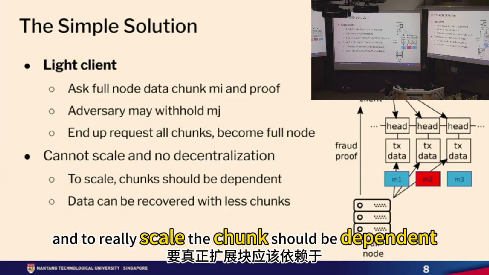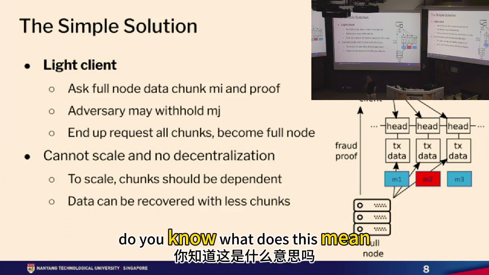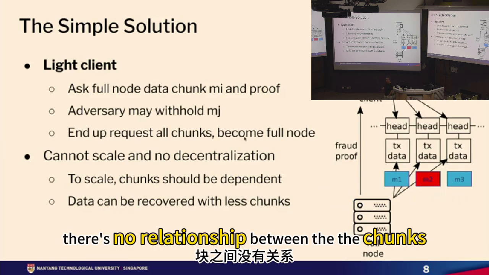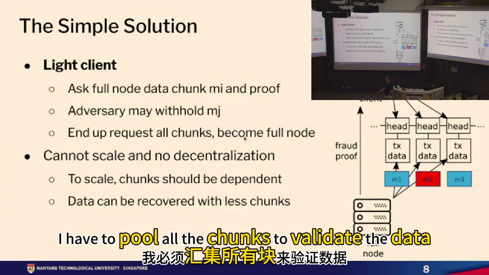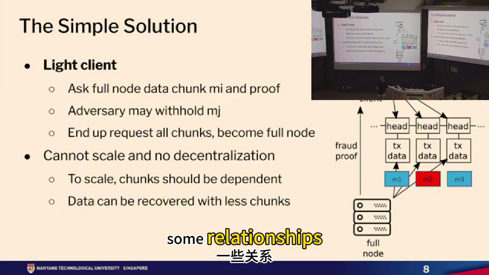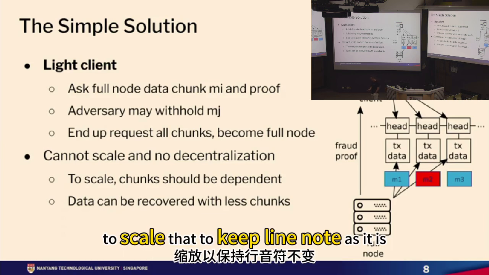To really scale, the chunks should be dependent. Do you know what this means? It means if all these chunks are sequential, with no relationship between the chunks, I have to pull all the chunks to validate the data. So in order to scale, we need to have some relationships between the chunks so that I can only sample part of the chunks to scale that, to keep the light node as it is.